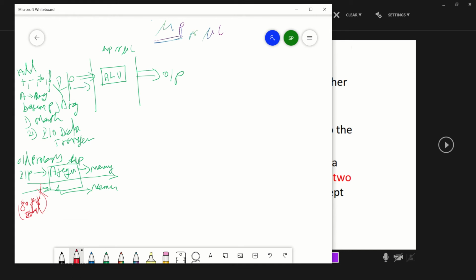This is the internal memory, and assume this other memory is external. The flow of data may come through the ALU to here. So that is the operation.